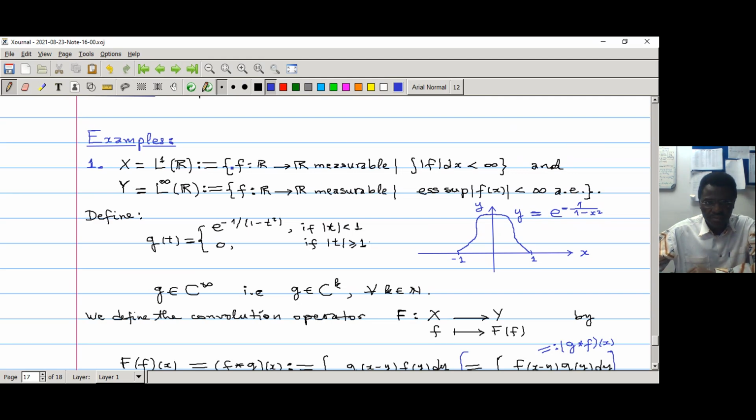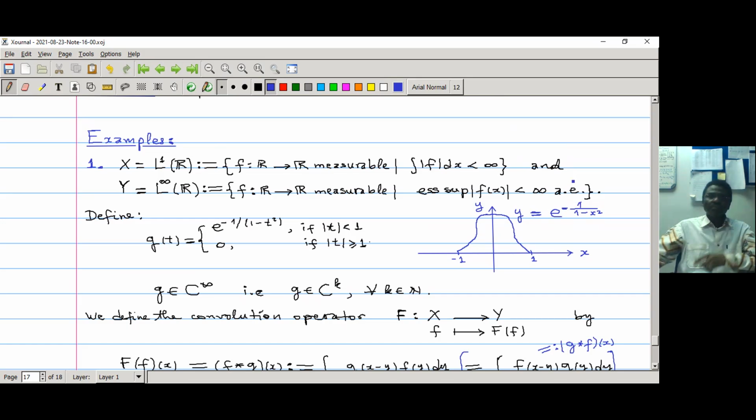This is the definition. f is measurable, and the norm, the integral of the absolute value of f, is finite. That's the one norm. And now the infinity norm on R, of course, on R means that it's defined on the real line. Same thing, f measurable, but the essential supremum of f is finite almost everywhere.